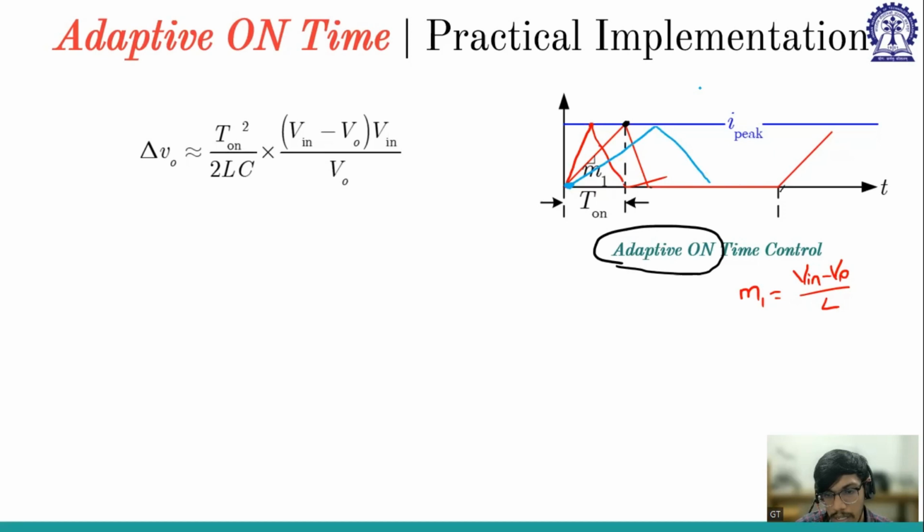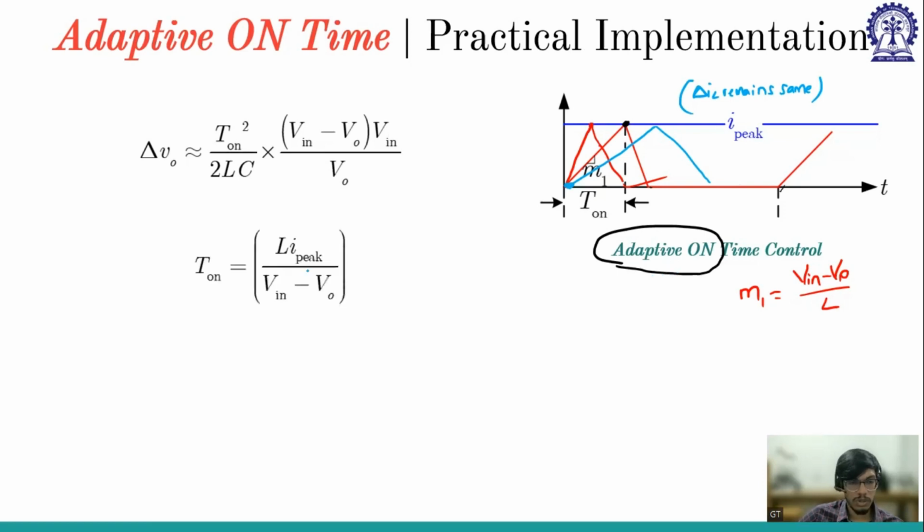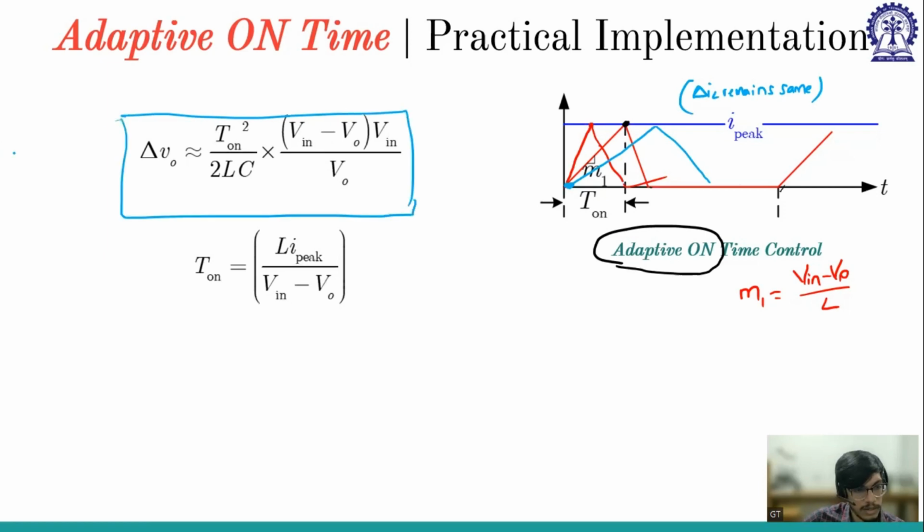But delta IL remains the same. The main objective is to keep the delta IL the same. So that's why they fix the peak and change the on time adaptively. This delta V0 expression is coming from the buck converter.